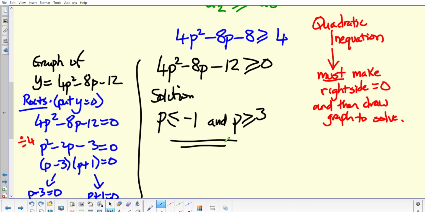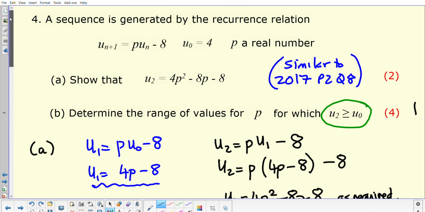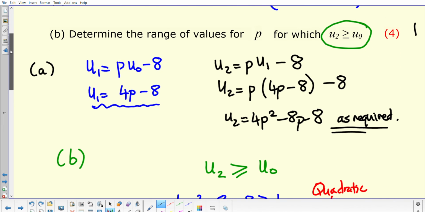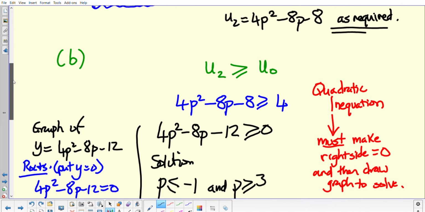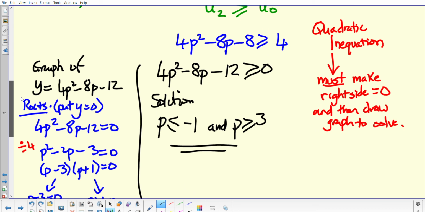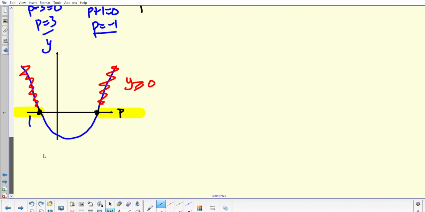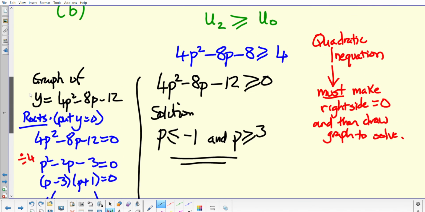So that's what you were asked to do, right? You're asked to determine the range of values of p for which the second term is greater than or equal to the u0 term, and that's what we've been able to do here.